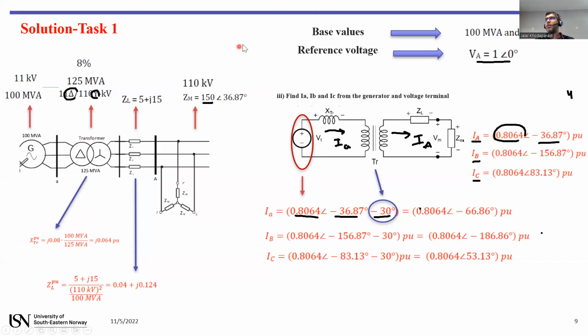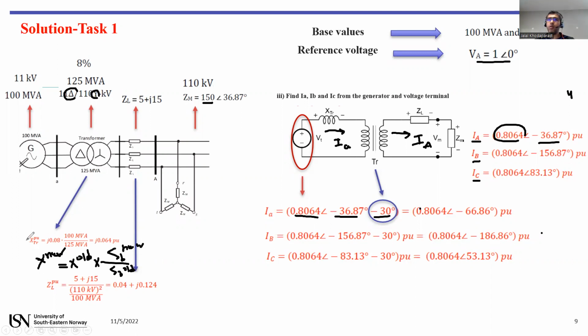And you know that if you want to convert, X new is X old multiplied by S base new divided by S base old.